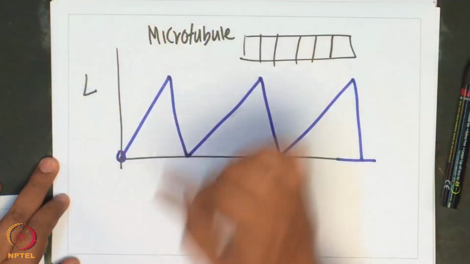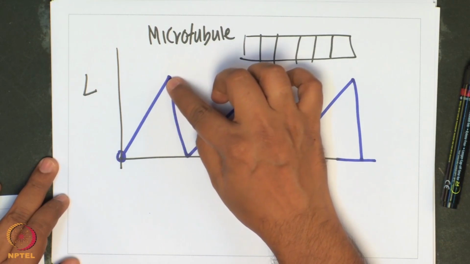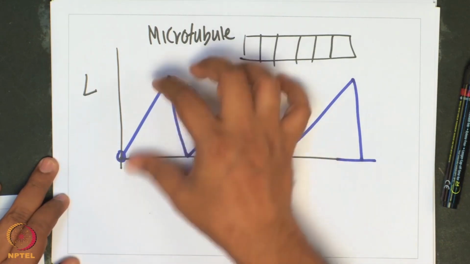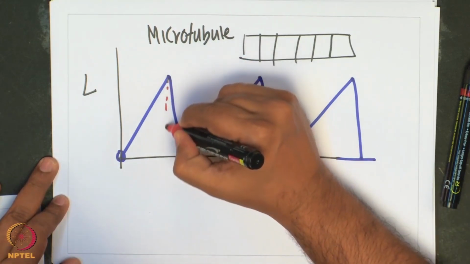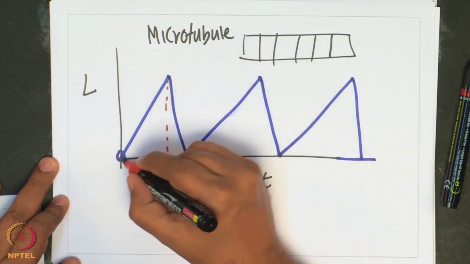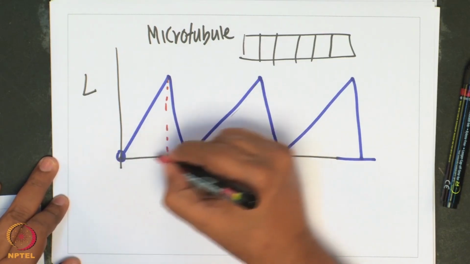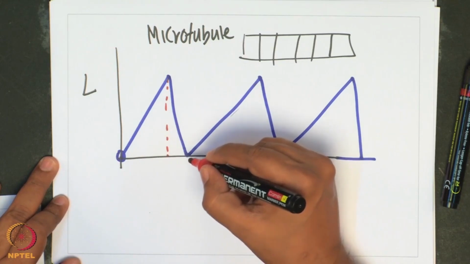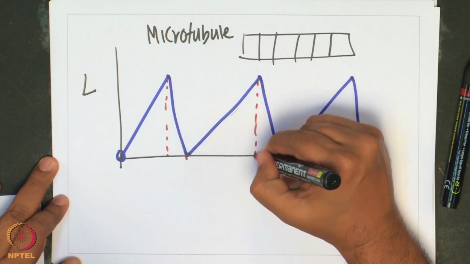When I say slow growth, what I am trying to say is that the length increases with time slowly. That means it takes a long time for it to polymerize. Compared to this, the shrinkage is very fast. If you take the time in minutes, this could be many hundreds of seconds, for example.